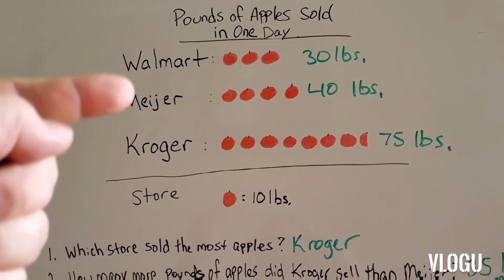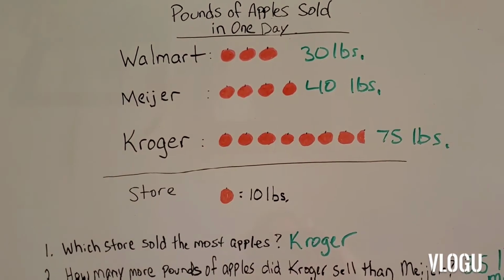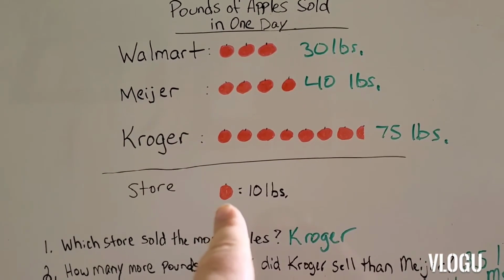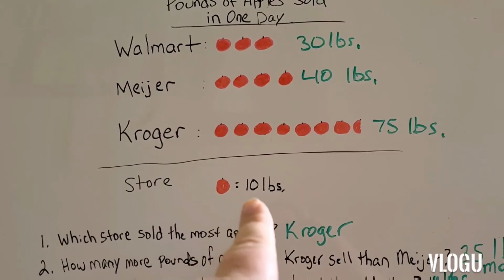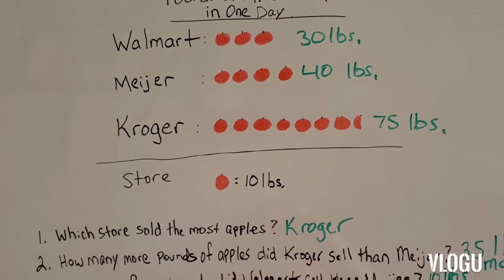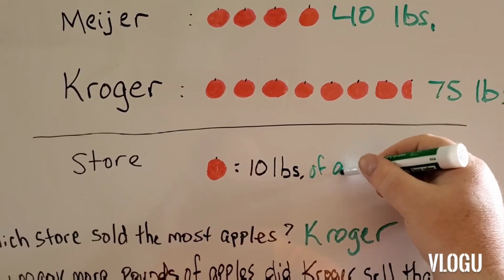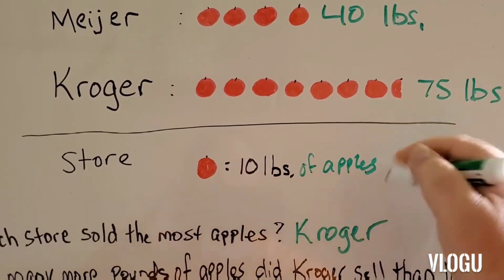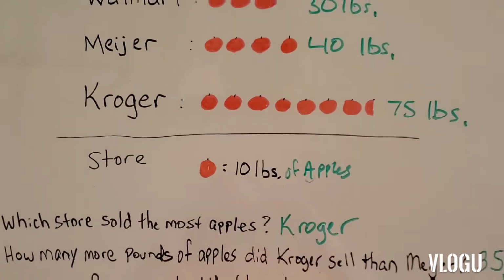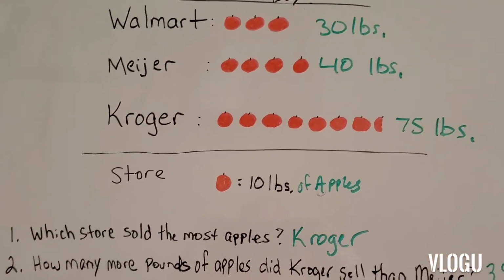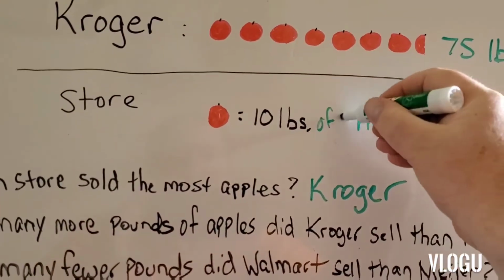You have to identify what you're describing and what the pictures are representing. So it's 10 pounds, and probably I should say 10 pounds of apples. And I should capitalize that because it's a title. Actually, it's a key. It's not a title, it's a key.